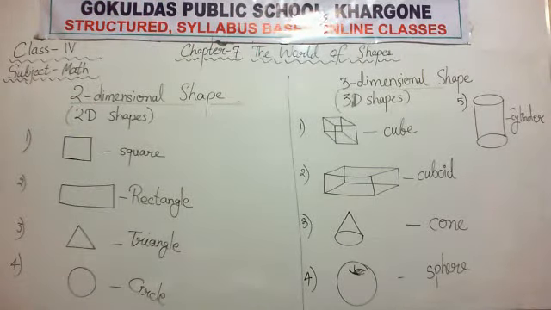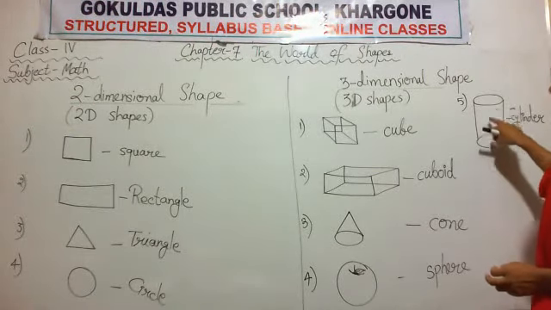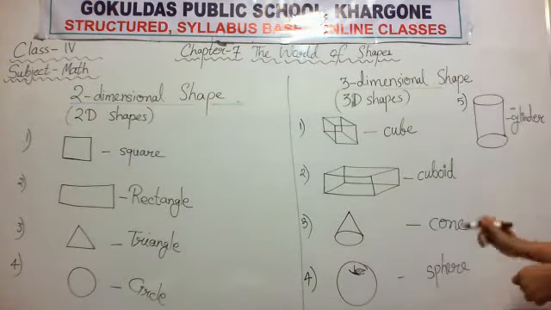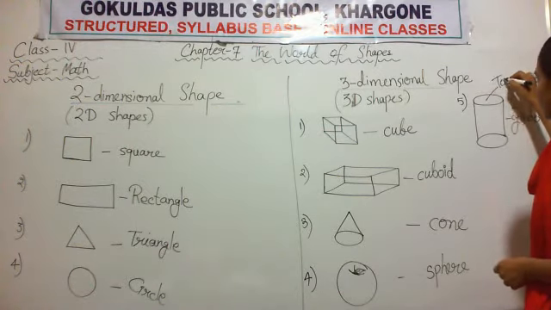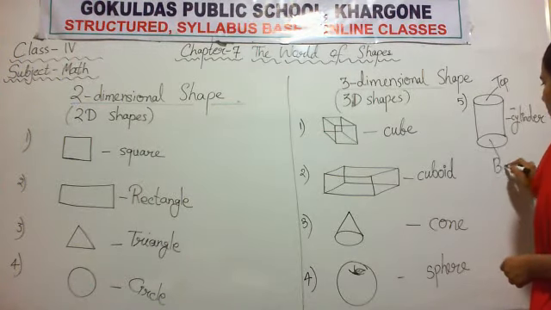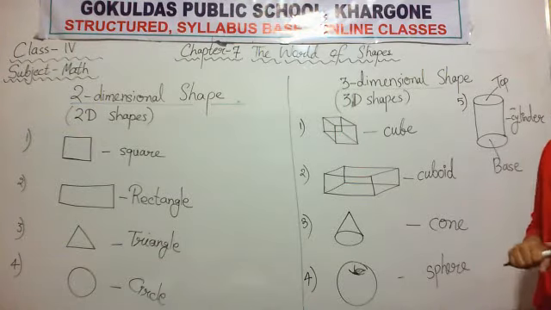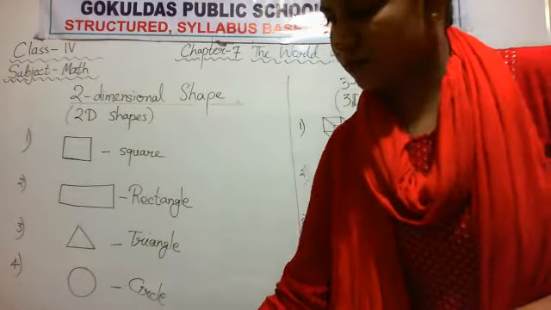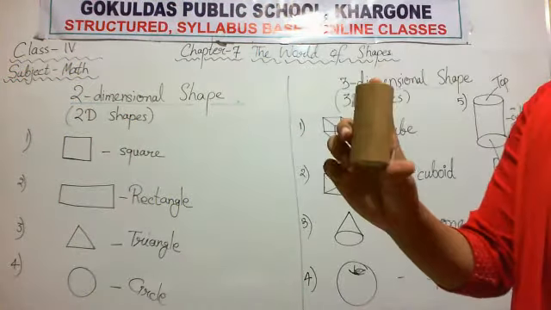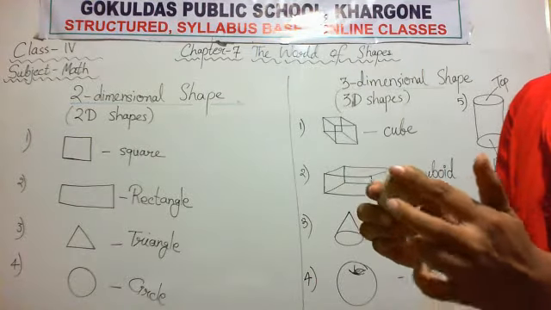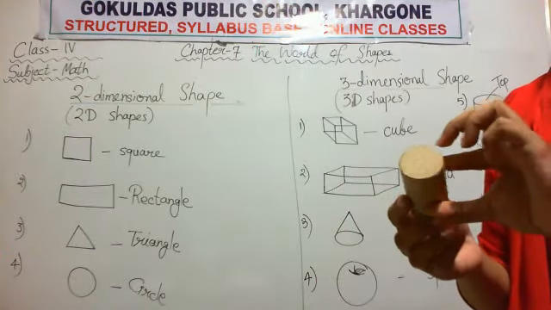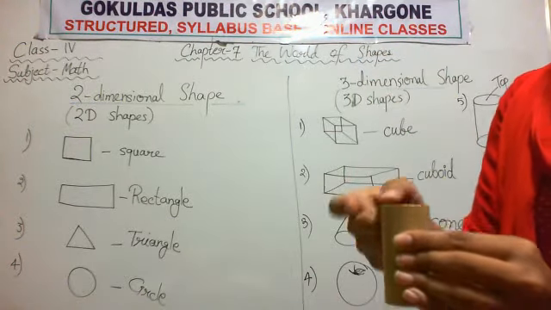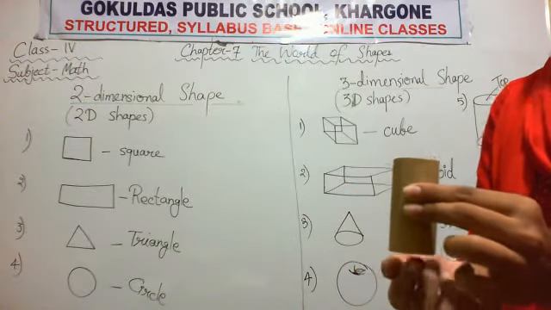It has 2 flat surfaces, which we call top and this face we call base. Now what is the example of cylinder? See this solid shape, it has 2 flat surfaces. See, this portion is known as top face. This portion is known as bottom face or base.